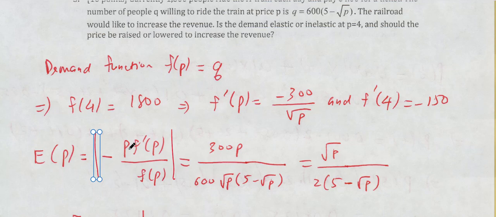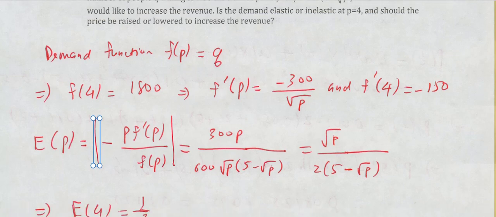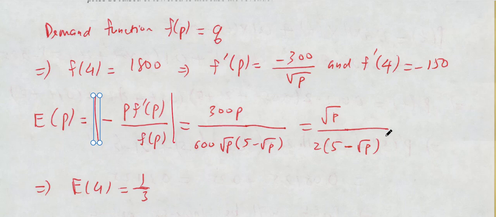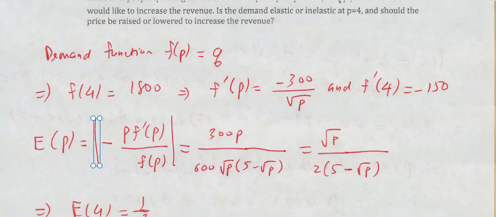So all we have to do is find the formula for the elasticity of demand and then plug in the price 4, and see what the value of that is. We know that p stays as p, right? And f of p is given here.